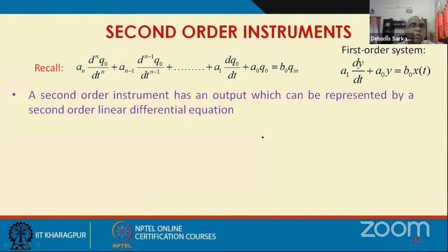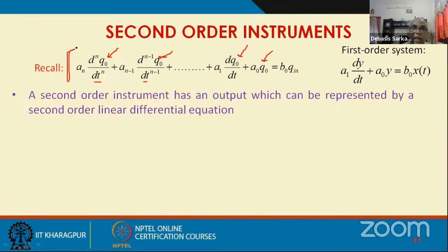Now, if you look at these differential equations, this represents an nth order differential equation with constant coefficients. The dependent variable is Q0, which represents the output from the system, and the independent variable is time.